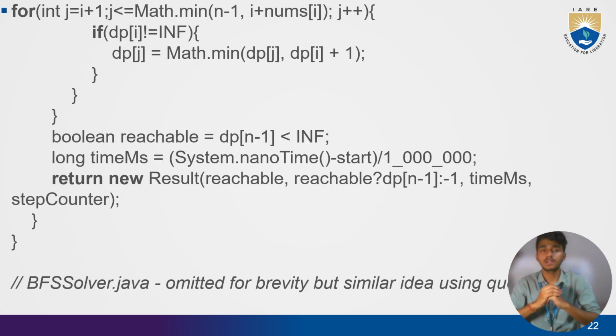After initializing the values, we run a for loop from 0 to n minus 1, with an inner loop for j from i plus 1 to min of n minus 1 and i plus nums[i]. If dp[i] is finite, set dp[j] equal to min of dp[j], comma, dp[i] plus 1. We have to return the answer as reachable, minus 1, time ms and steps.